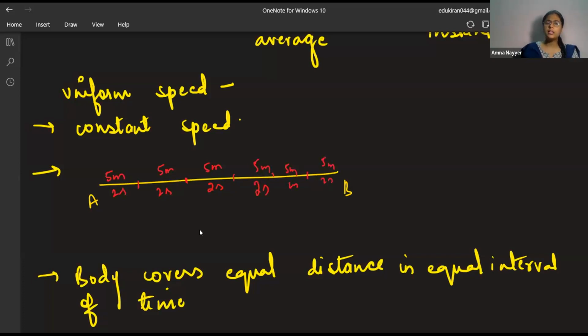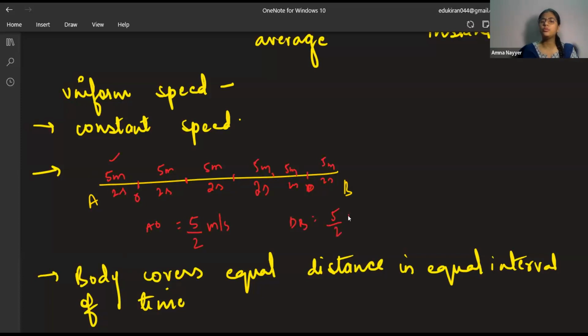So do you see what is the distance covered? I'm just talking about this small part, let's say AO. What is the distance covered? 5. What is the time taken? 2. So 5 by 2 meter per second. Distance by time, that becomes the velocity. This part I took, let's say this is D. I'm taking one more random part, DB. What is the distance? 5.